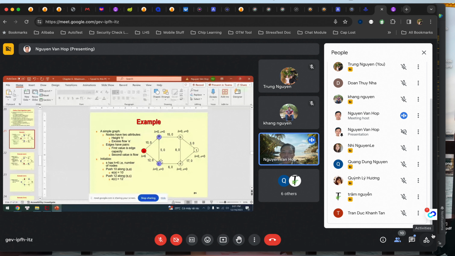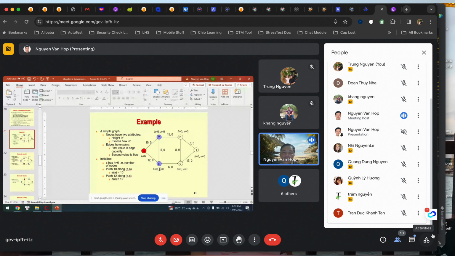Therefore, we need to push the flow out of the source node with the volume that they can admit. It means that it can admit up to the capacity. In this case, we push 10. We push 12.